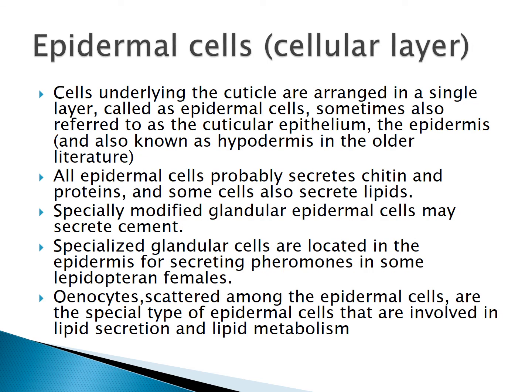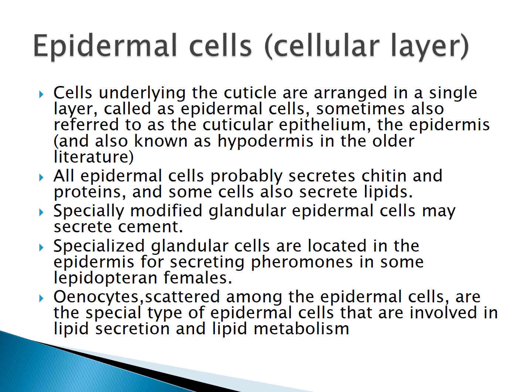Epidermal cells underlying the cuticle are arranged in a single layer, sometimes also referred to as the cuticular epithelium, the epidermis, also known as hypodermis in older literature. All epidermal cells probably secrete chitin and protein, and some cells also secrete lipids.